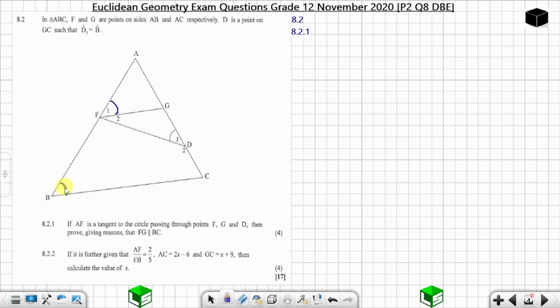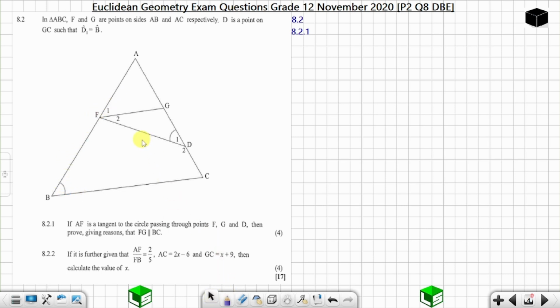Corresponding angles. Remember lesson 4 of 25, you are going to have the F shape, you can check that lesson. Okay, so let me erase.